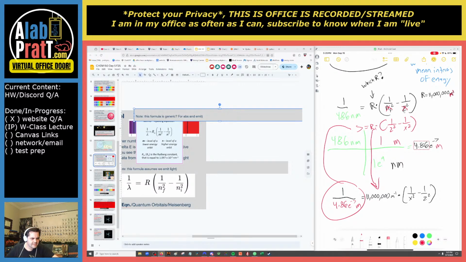So if it assumes we emit light, does it assume our electron is dropping orbitals? Yeah. But I still want to finish this one. If the energy of our lower energy orbit and the energy of our higher energy orbit, if we emit light... I bet maybe that might be it, actually.